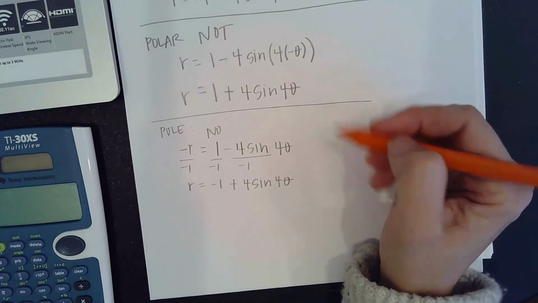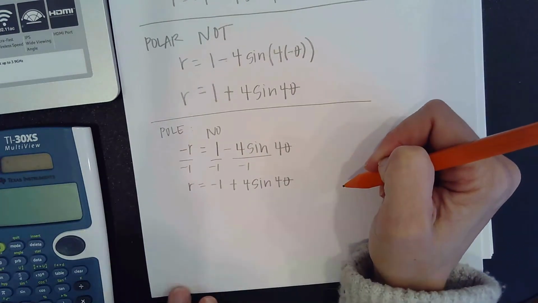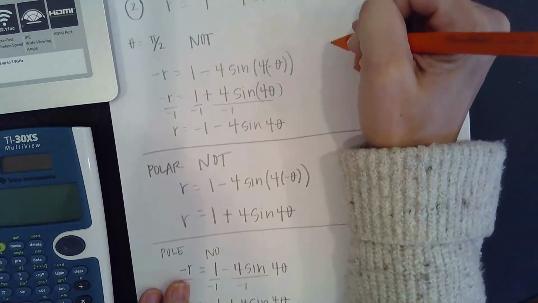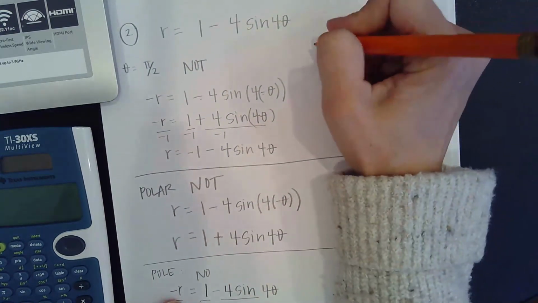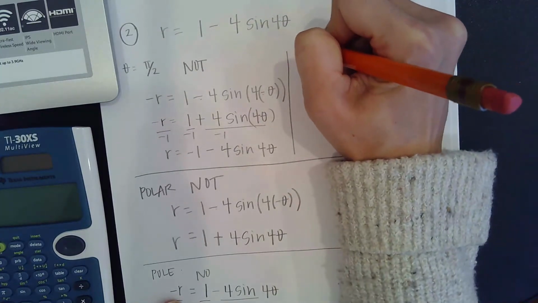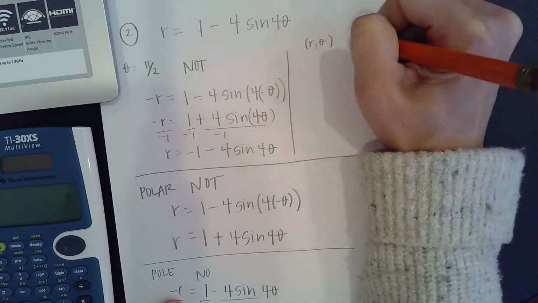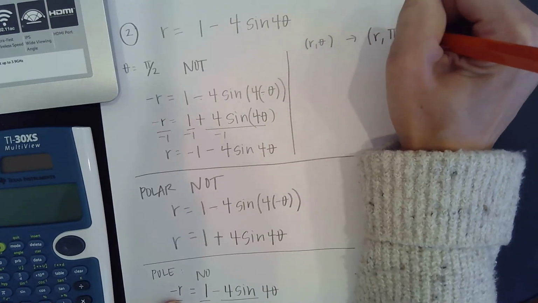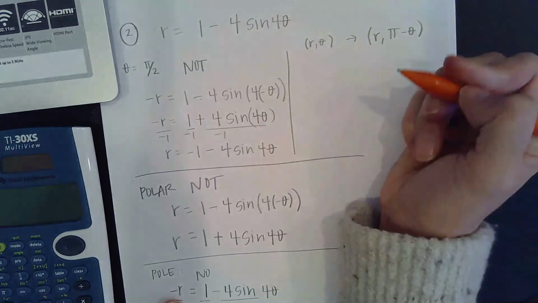So what are the other ways? Since we got a no for basically every single one of those, what if I plugged in? Let's go back up here to this pi over 2 symmetry. Remember, the other way is to replace the r and theta with r and pi minus theta, like that.